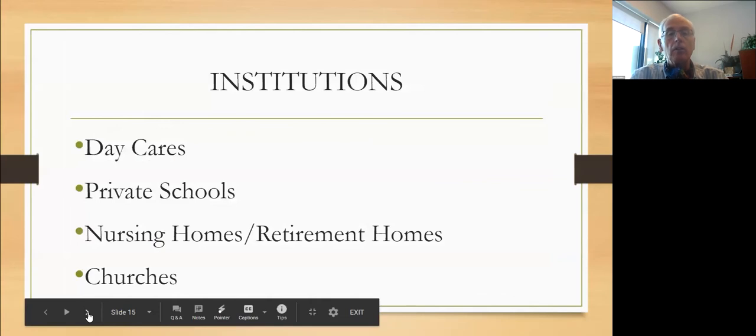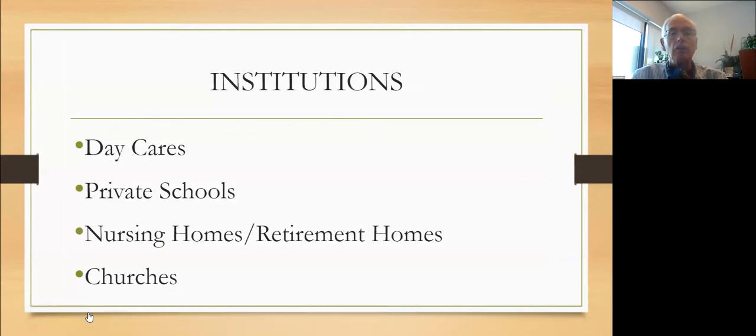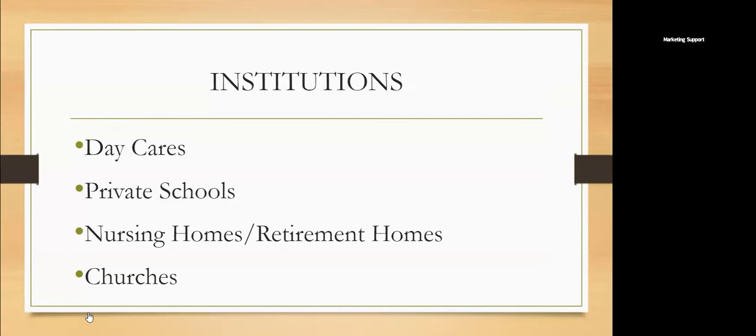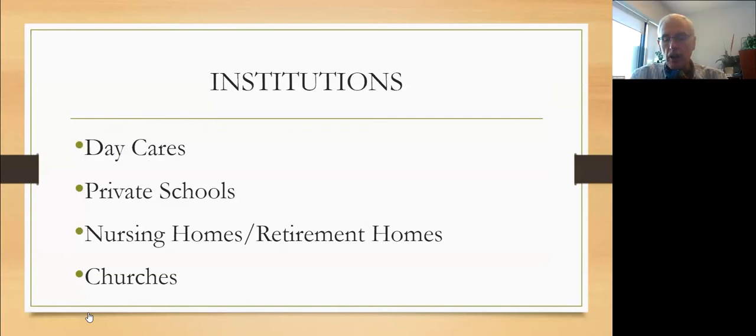So before we get into daycares and private schools, I'm just going to give you a quick rundown on nursing homes or retirement homes. Nursing homes and retirement homes are probably beyond the scope of this course. They are so heavily regulated today that it is really, really difficult to run them.